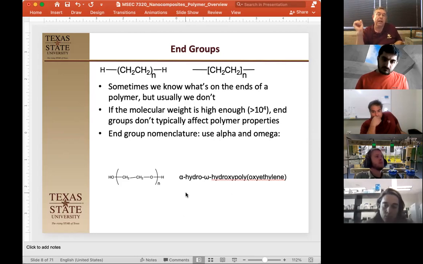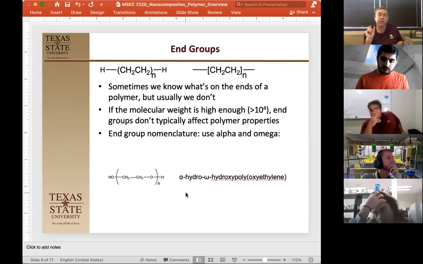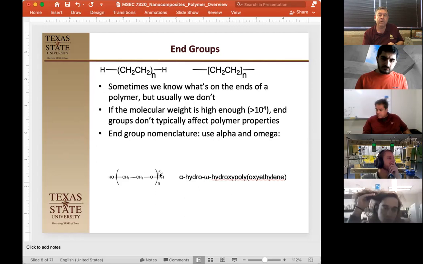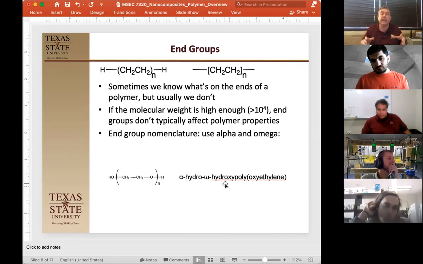And the reason we call that a hydrogen instead of a hydroxy is because the repeat unit is the oxyethylene, so the oxygen is included in the repeat unit. So that's why this is a hydro, even though it's an alcohol as the functionality, and omega hydroxy. That tells you that you can use that as a big monomer to make an additional, much larger polymer in the system. Okay, but most of the time we don't care about that.